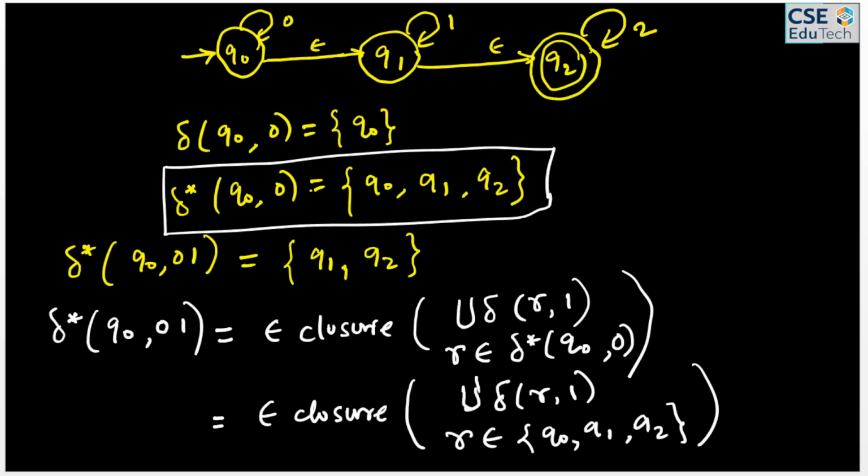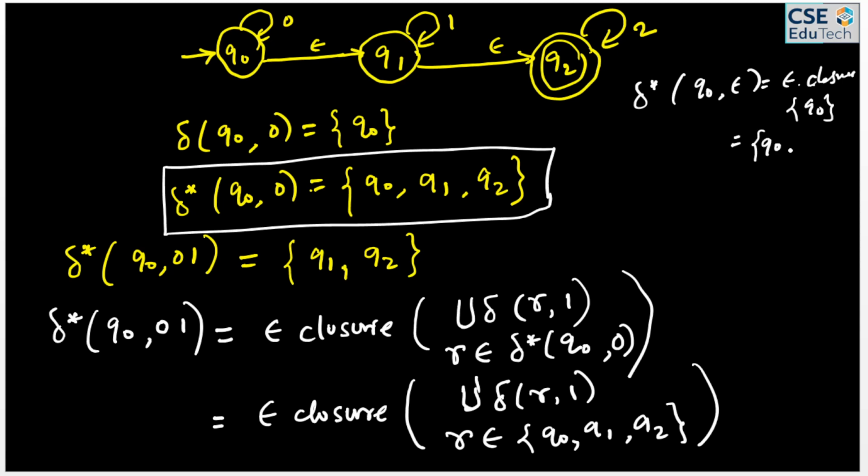Now we have seen how we find this, delta star Q naught 0, right? So now we can define it here. What is the meaning of delta star Q naught epsilon? It is basically the epsilon closure of Q naught, meaning the states that are reachable from Q naught through epsilon moves, including itself.